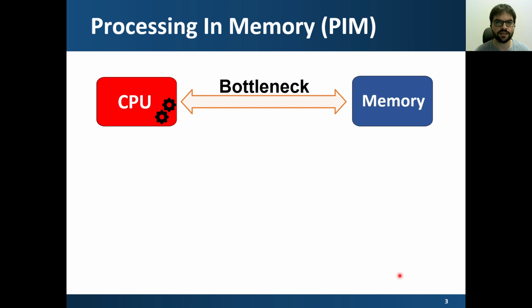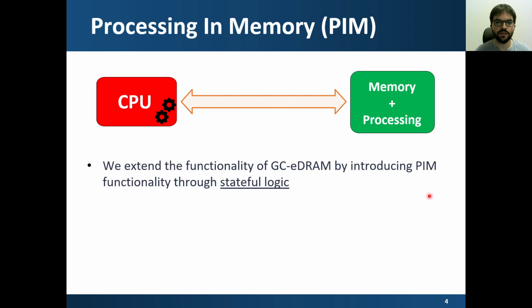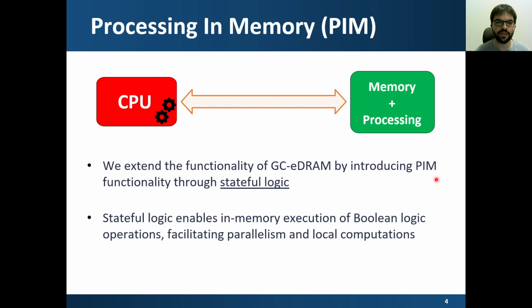To tackle this bottleneck and improve the performance of data-intensive applications, we show here the idea of processing in memory, which is basically adding processing capabilities to the memory itself. In this work, we extend the functionality of GC eDRAM by enabling PIM inside of GC eDRAM arrays through stateful logic, a method that enables in-memory execution of Boolean logic operations.